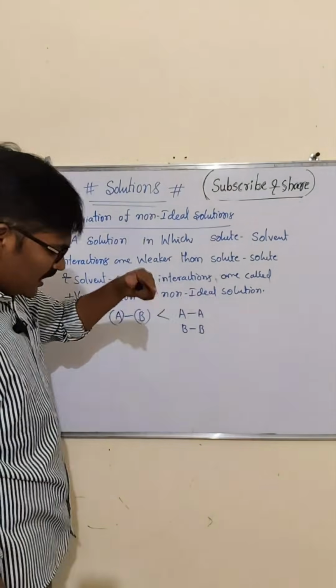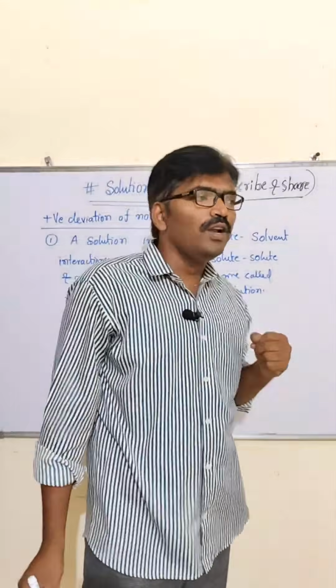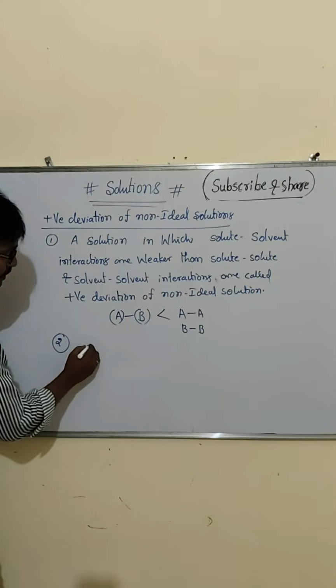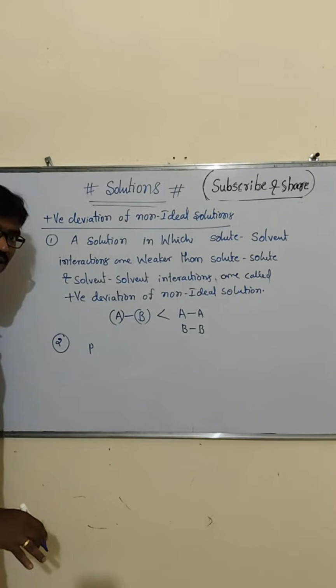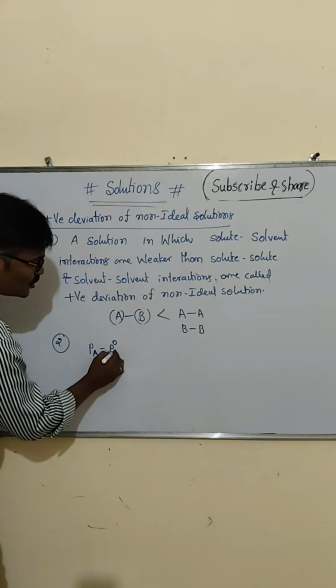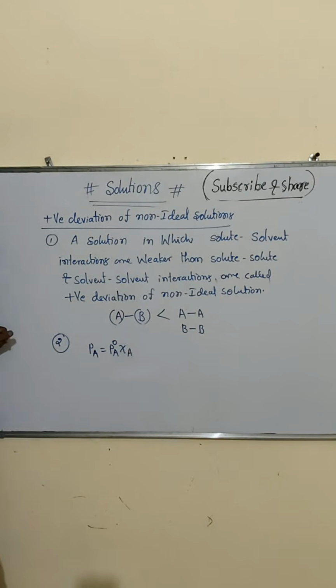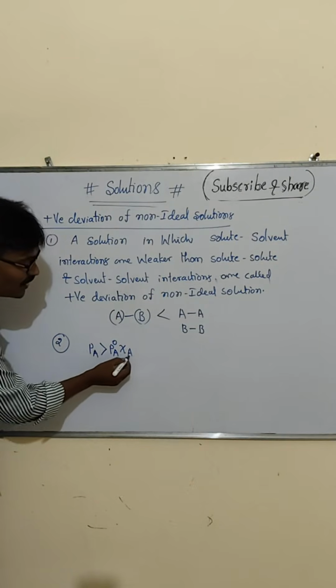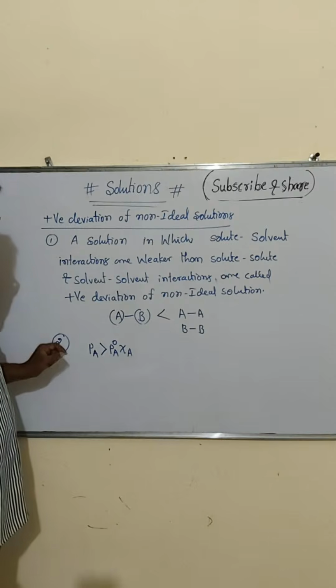Then, in the form of Raoult's law, that is the second point. According to ideal solutions, PA equals P naught A into mole fraction of A. But here the PA value is greater than that expected from Raoult's law.